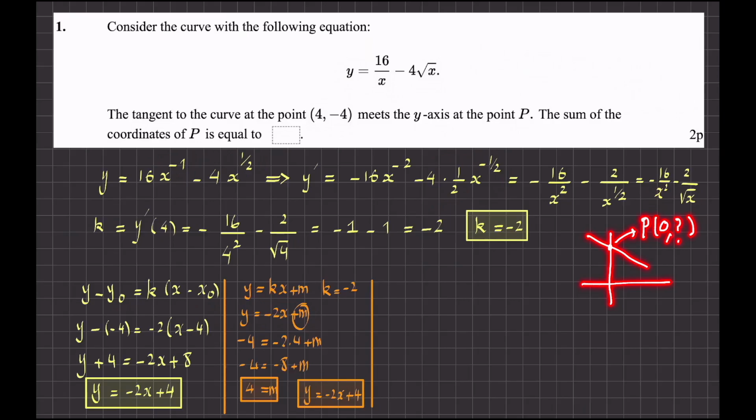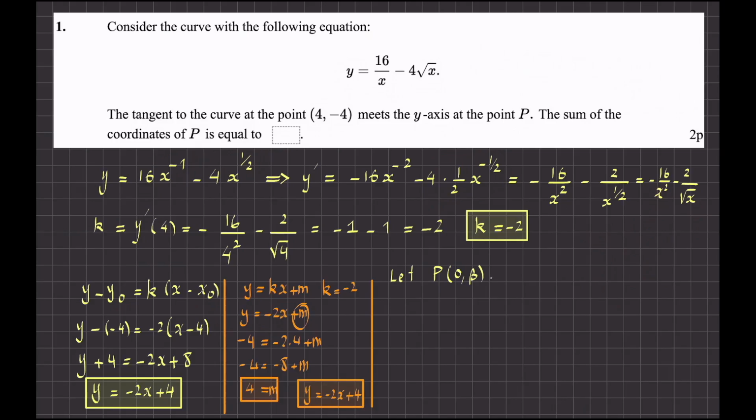I call it beta. Let me write it like this: let P be the intersection point of this line with the y-axis. Because it is the y-axis, the x-coordinate is 0, the y-coordinate is not known, so I call it beta.